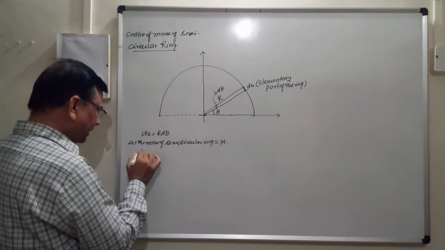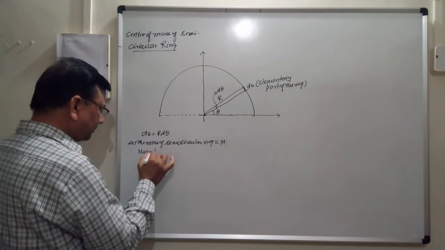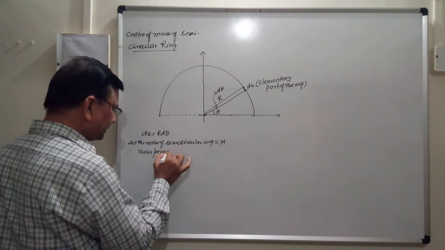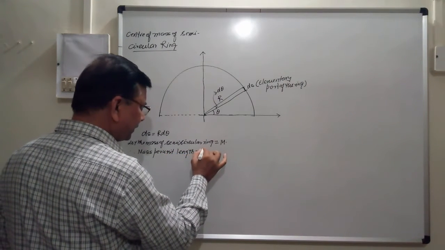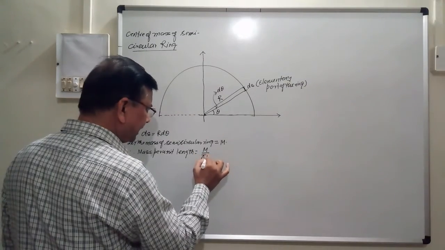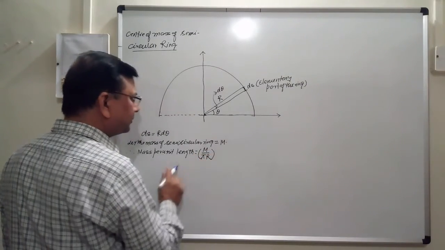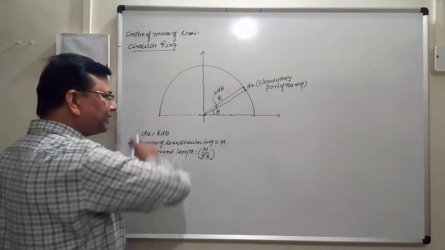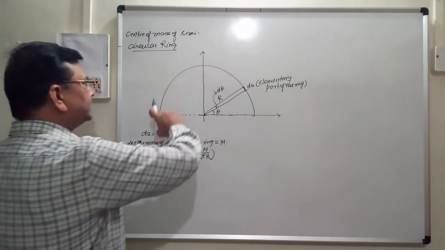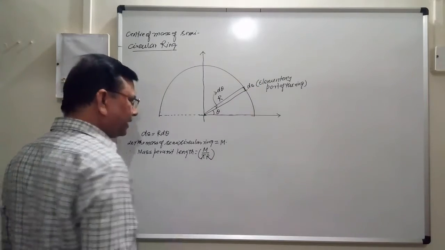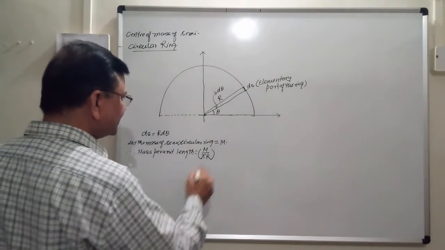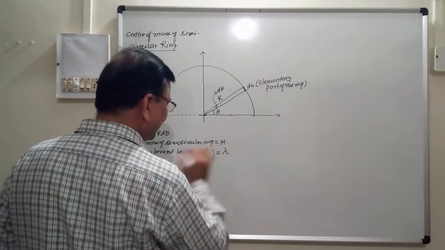Therefore, mass per unit length is M upon pi r, because total circumference is 2 pi r and this much length is pi r. So mass per unit length is M upon pi r, and suppose we consider this as lambda.